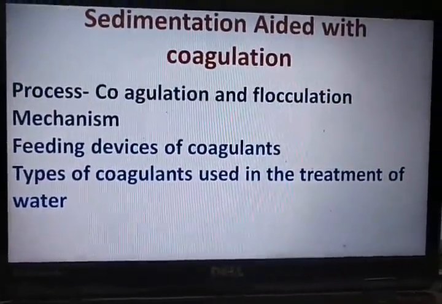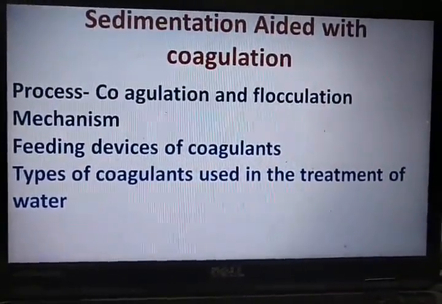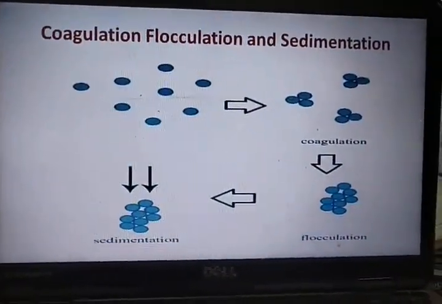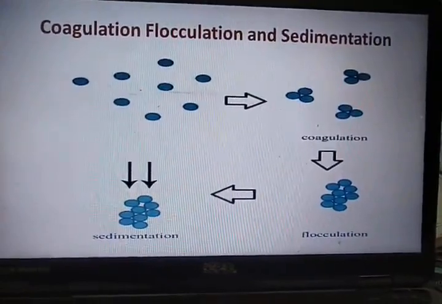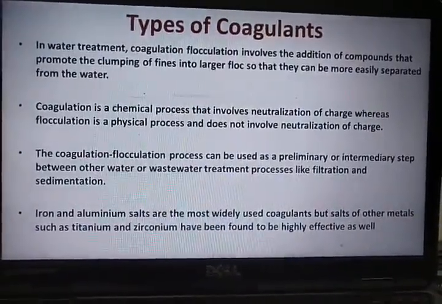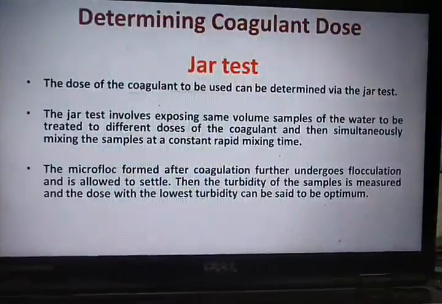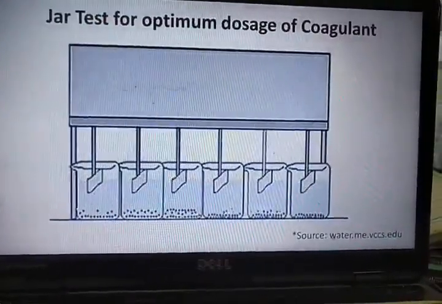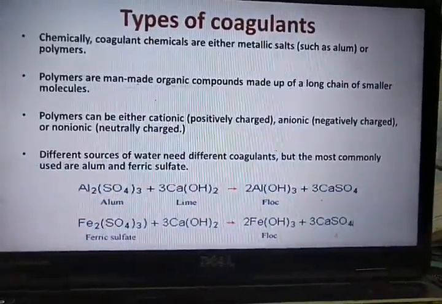We studied sedimentation aided with coagulation, the different processes of coagulation, flocculation and sedimentation, then different types of coagulants and the factors affecting coagulants, and the jar test apparatus to find out the optimum dosage of coagulant.